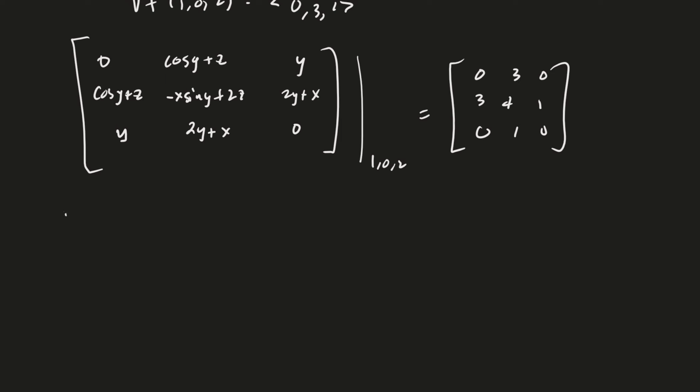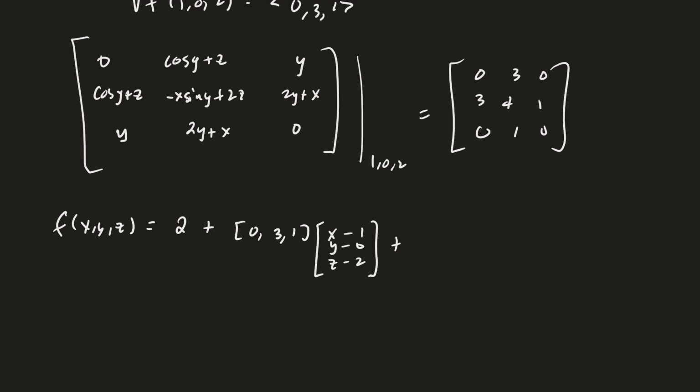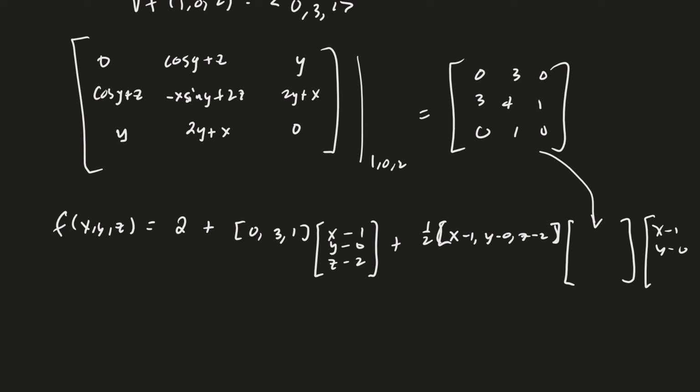So therefore, our function is equal to 2 plus (0, 3, 1) times (x minus 1, y minus 0, z minus 2), plus 1/2 times (x minus 1, y minus 0, z minus 2), that's a vector there, times our 3 by 3 matrix, times our (x minus 1, y minus 0, z minus 2). Good. And so that is our function up to second order.